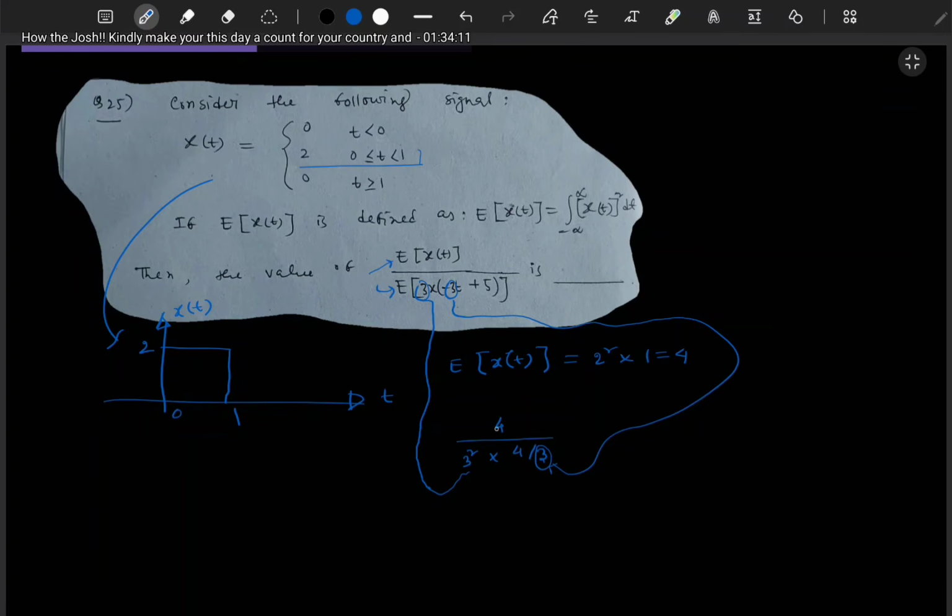So it will be 4, the amplitude square, divided by how much is there in front of t. So it will be 4 by 3, which is 1.333. Answer.